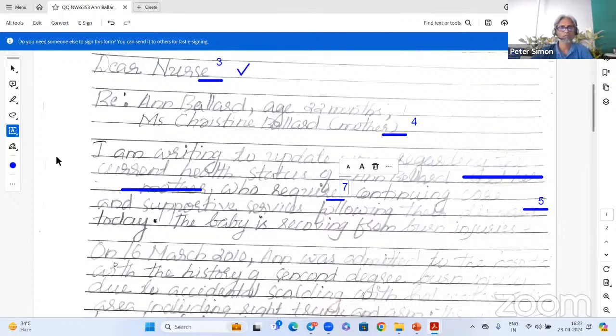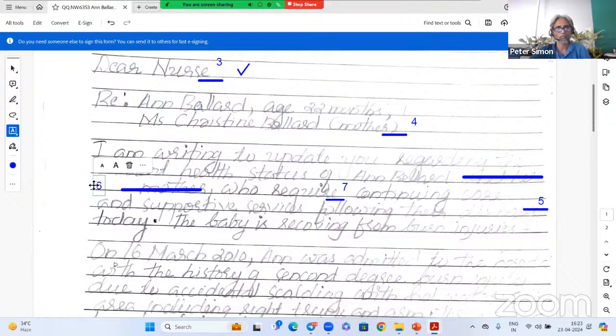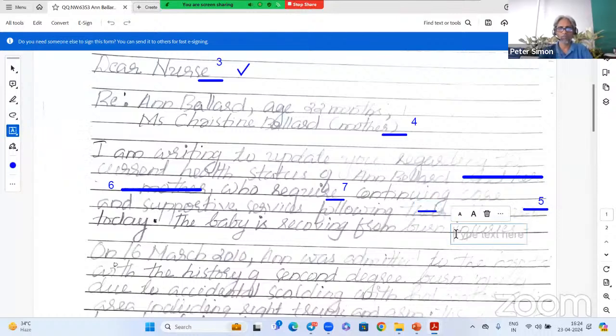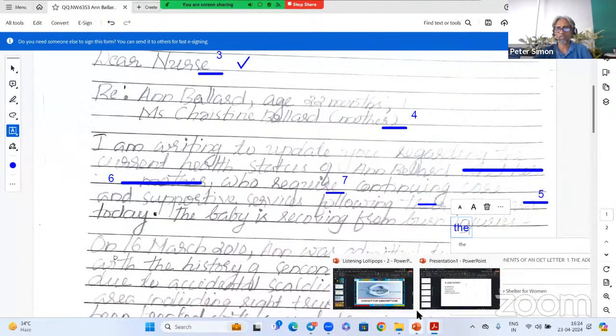Yeah. Number 6. Mother is not important. Continuing care and supporting services following her discharge. Only one is discharged here, not 2 people. Following the discharge or her discharge.